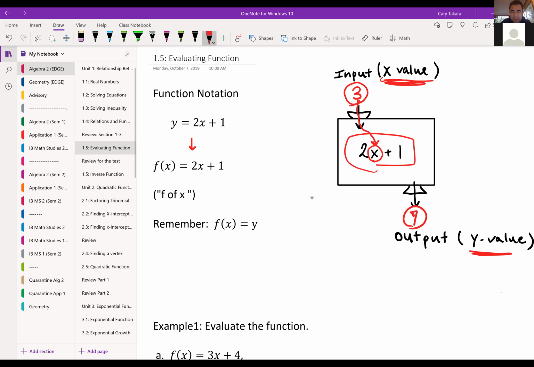So the function f of x equals 2x plus 1, right? Then you can specify any input, where we tried 3 as an input.